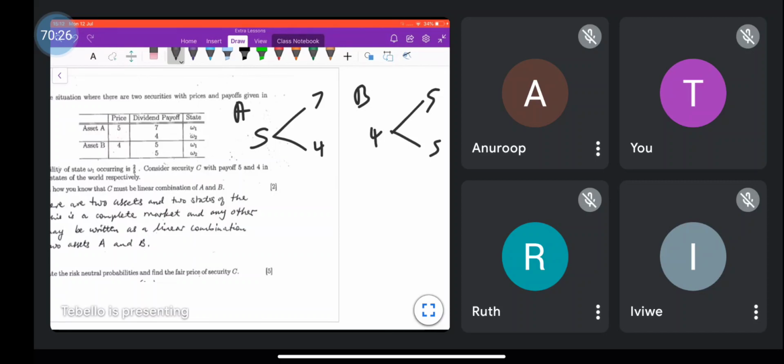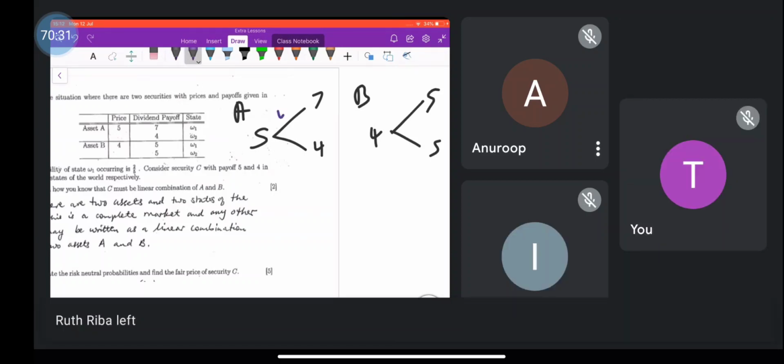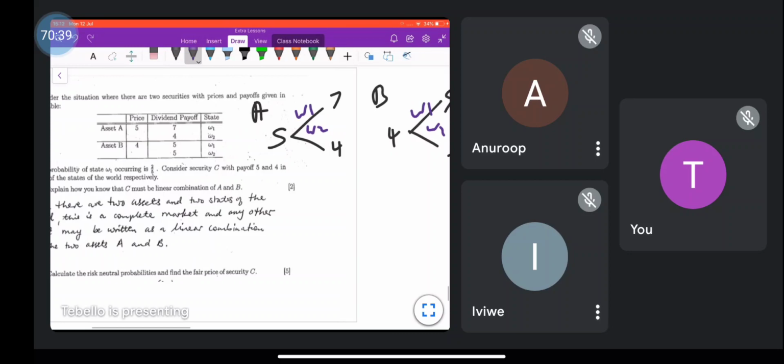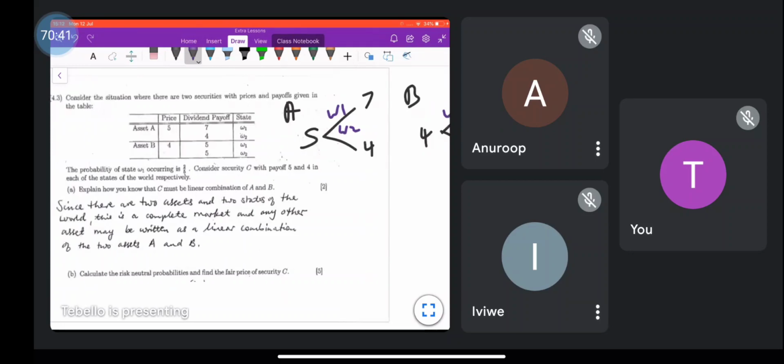So you have 2 states, state 1 and state 2. The question says that the probability of state 1 is going to be 2 over 5.